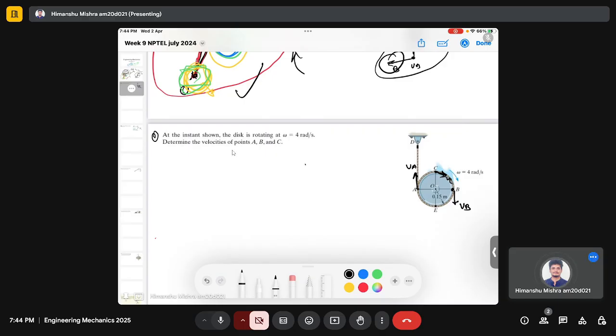So we have our disk, let's say this is C, this is B, and this is A. This is my VC, this is the velocity of point B.